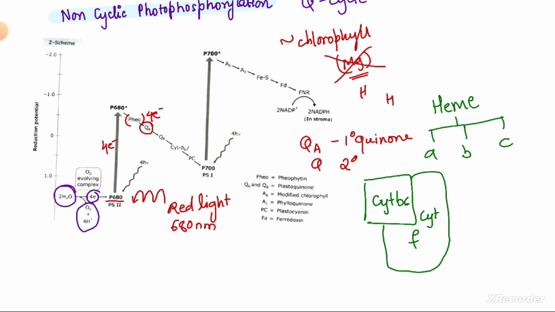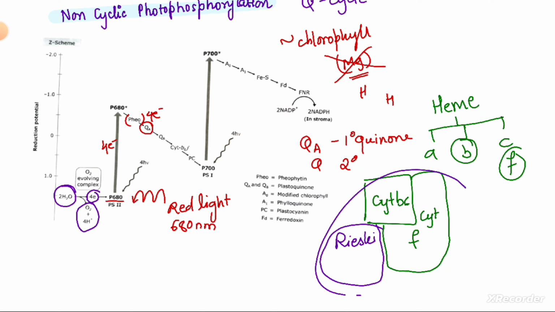So cytochrome F has heme C, while cytochrome B6 has heme B. Besides that, there is also something called the Rieske center. This Rieske center, the name comes from the name of the scientist who discovered it. So this whole stuff here is actually cytochrome B6F.